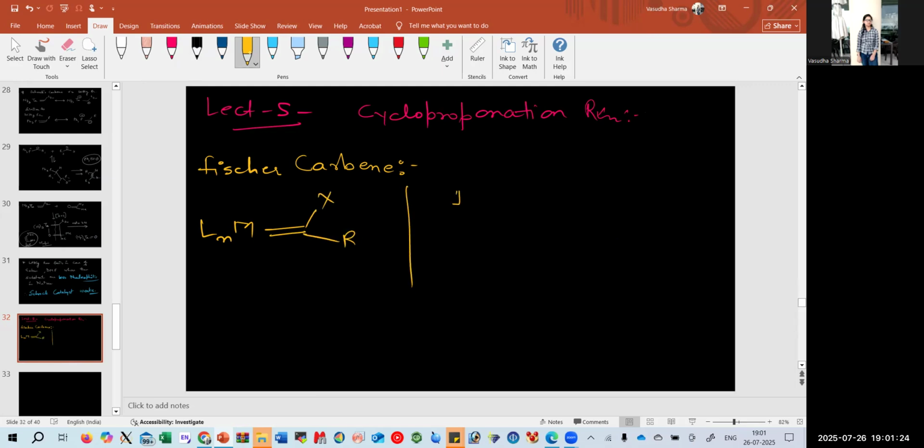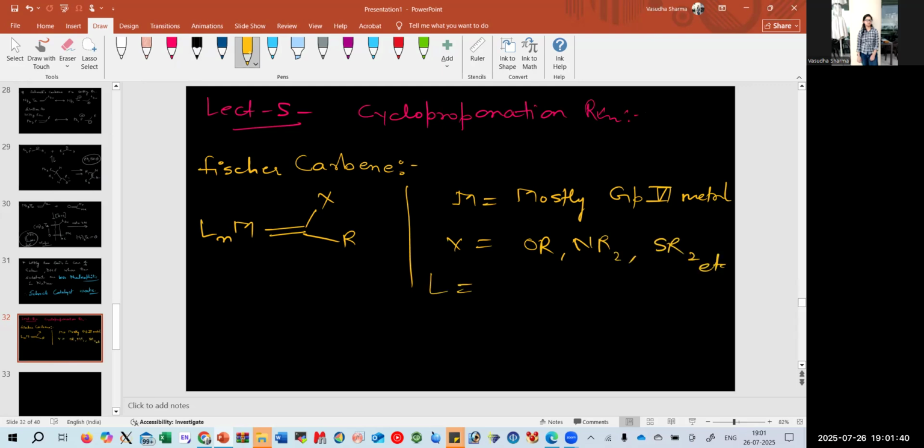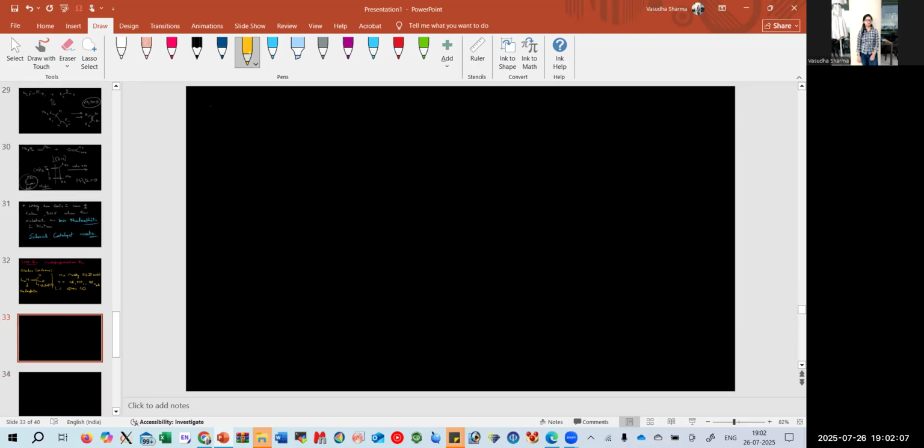We know that here the metal is mostly group 6, X is OR, NR2, SR2, etc. L is often CO, and the metal has filled d orbitals, which can help in filling the 2p empty orbital of the carbon, making this a nucleophilic center, and this an electrophilic center in nature. The synthesis we have already seen for this one.